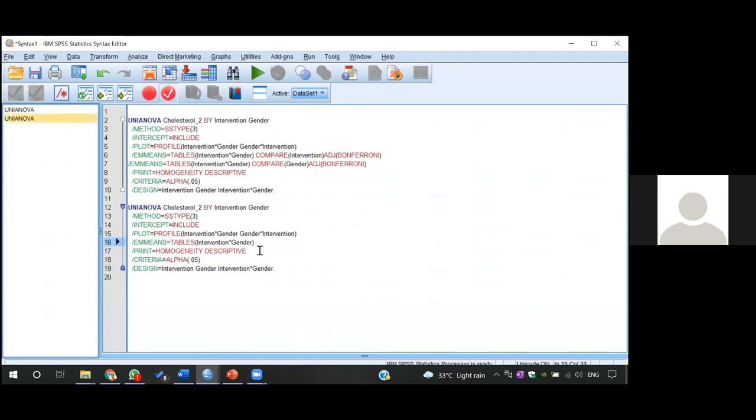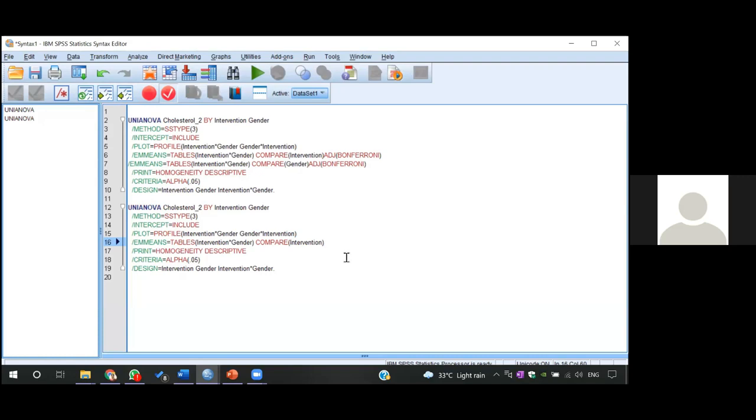So what you will do here, you will add something. You will create one space and then add compare. If you write compare, this compare will appear. In compare, you want the simple effect of intervention, simple main effect, close the bracket. This I should be capital, the way you have labeled your variable.